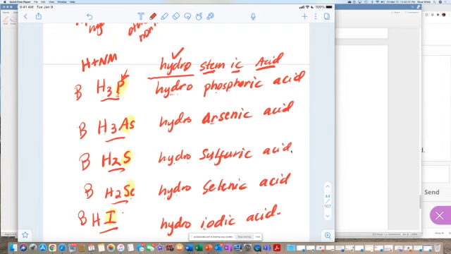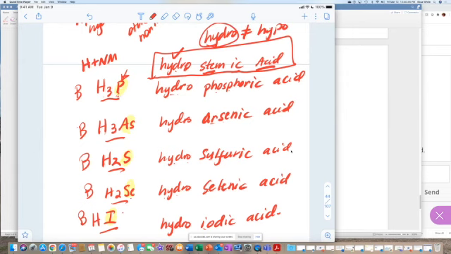Once again, I'm following the format. Hydro is the mandatory word. Don't confuse hydro with hypo. So hydro is not the same as hypo. Not the same. So all binary acids have that format.